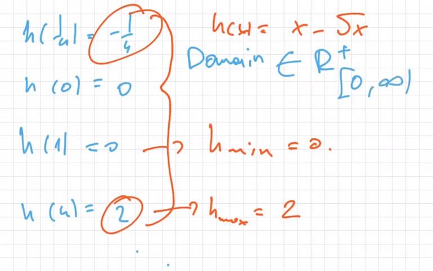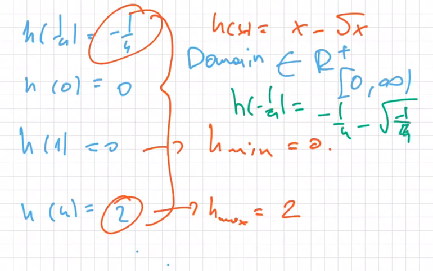Because if you put here negative 1 over 4, for example, h of negative 1 over 4, you will get negative 1 over 4 subtract the square root of negative 1 over 4. You see that the root is an even-numbered root, a square root, and you cannot put negative numbers in it, so these values are excluded and we have 0 and 2.